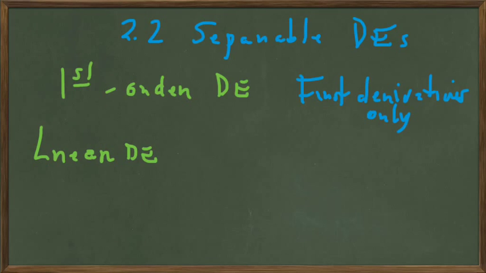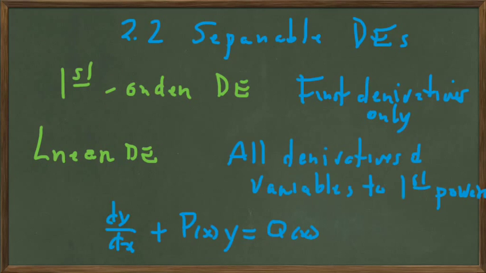So a linear first-order differential equation would have a general form that looks just like this, and that type of differential equation is the type that we'll solve in the second section of the chapter with our second lecture. So let's go back to separable differential equations and look at 3 or 4 examples of them, starting on the next blackboard.